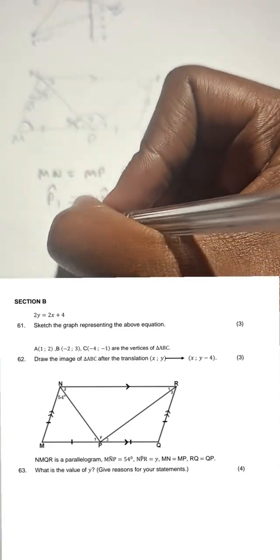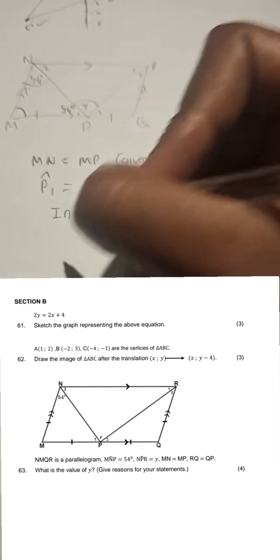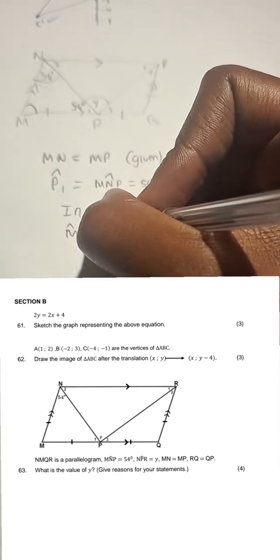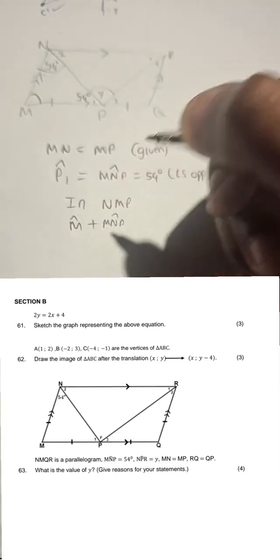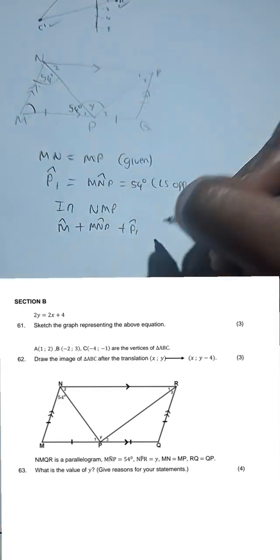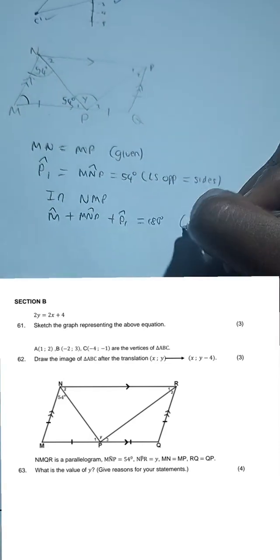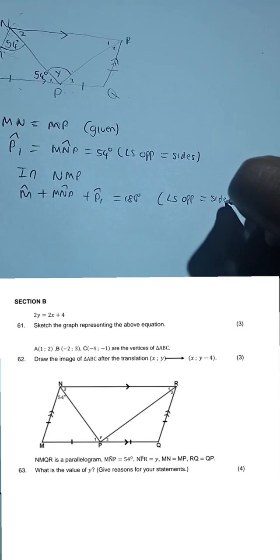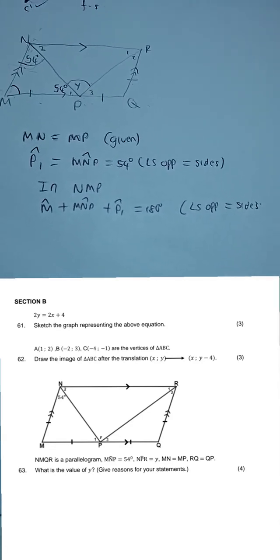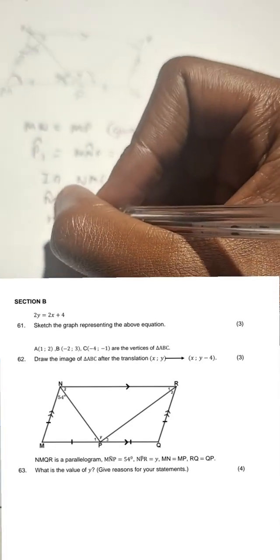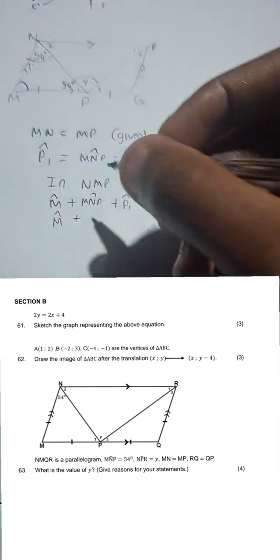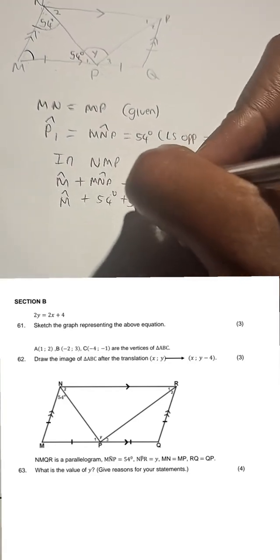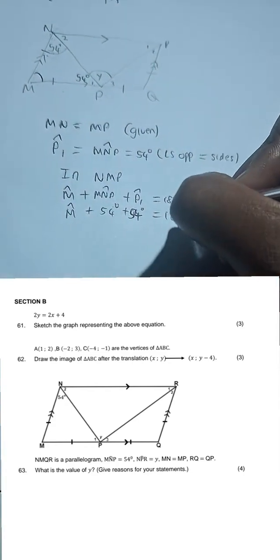So we say in triangle NMP, angle M plus angle MNP plus angle P1 is equal to 180 degrees. What's the reason? Angle sum of a triangle. So angle M, MNP we know is 54, plus another 54, equal to 180 degrees.